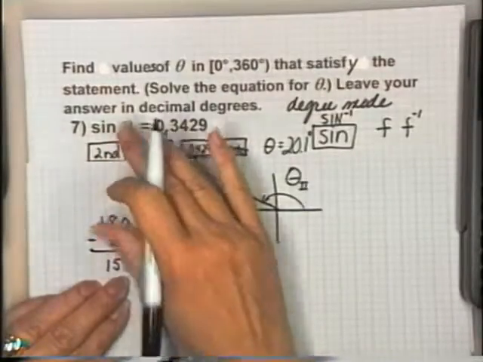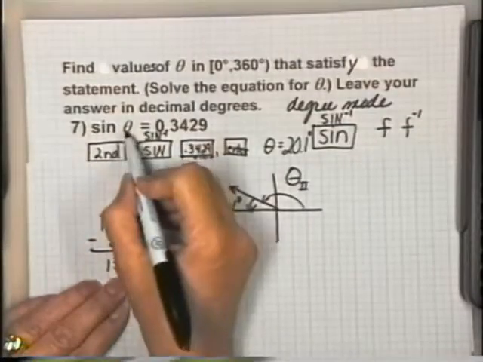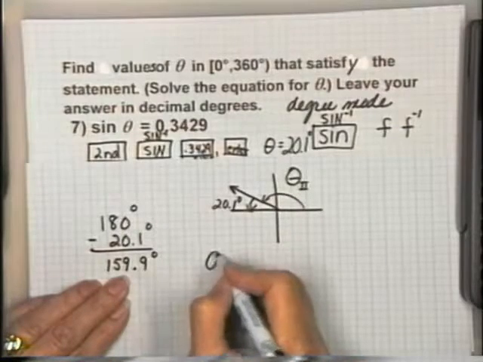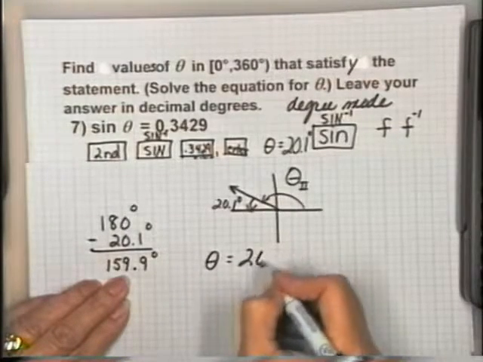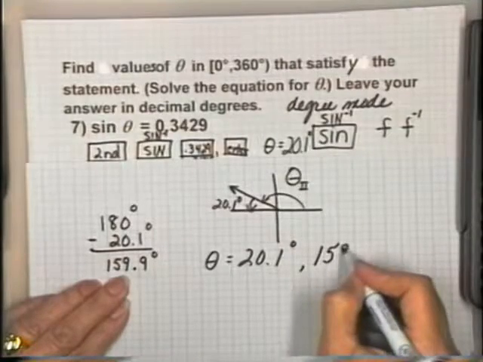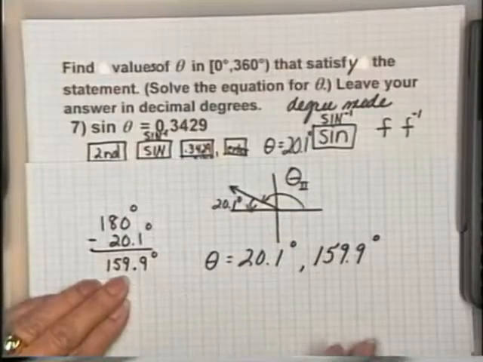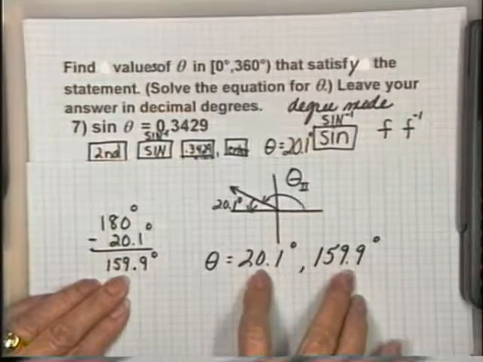So the answer to this question, what will make this a true statement? It will be true if theta equals 20.1 degrees and if theta equals 159.9 degrees. And you could check that.